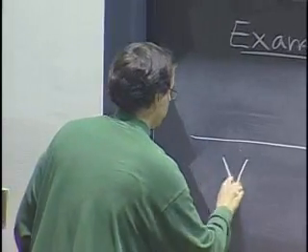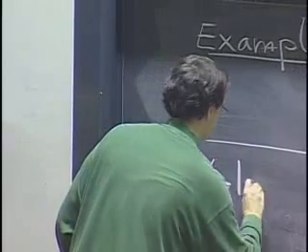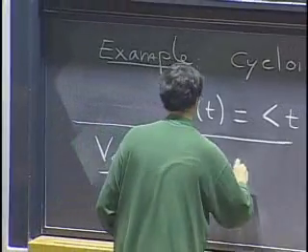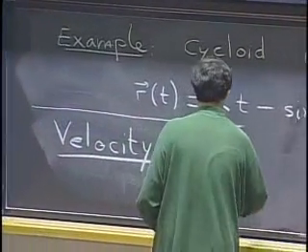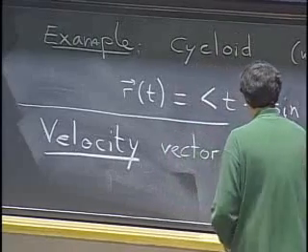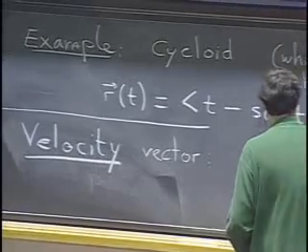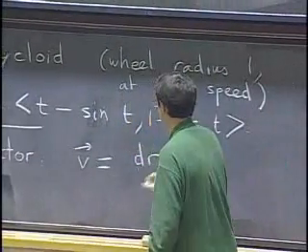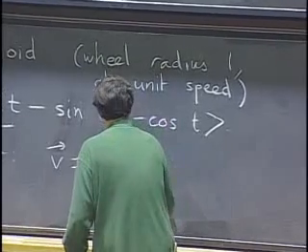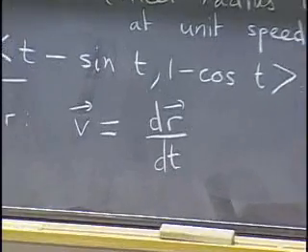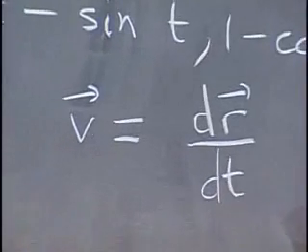And so that's called the velocity vector. It's usually called v. So v here stands for velocity more than for vector. And you just get it by taking the derivative of the position vector with respect to time.